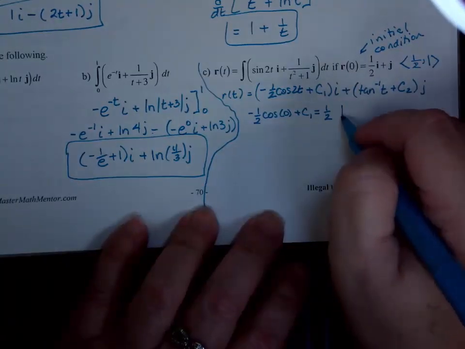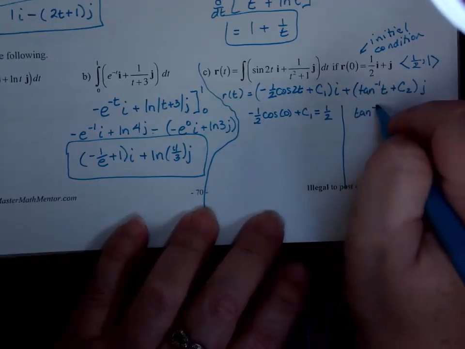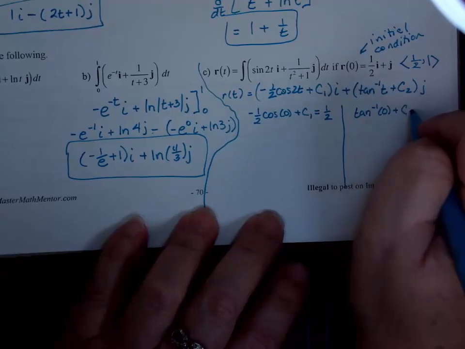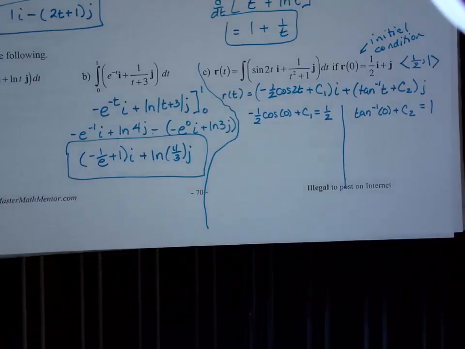And then the other side, tangent inverse of 0 plus c2 is supposed to equal the y coordinate 1. So that gives us our two equations to solve. What's plugged into the r is what t is, and then we set each one equal to what it tells me the components are supposed to be. Okay? And now we just solve.